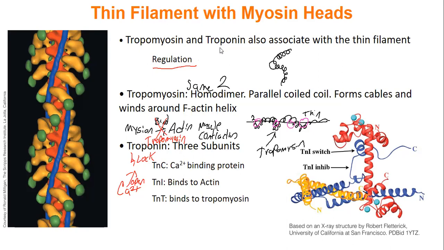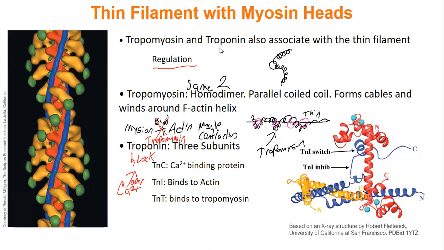So the last thing I said, I think, was about regulation, in that tropomyosin and troponin regulate when myosin and actin combine. So when myosin and actin interact, that's when our muscles can move.